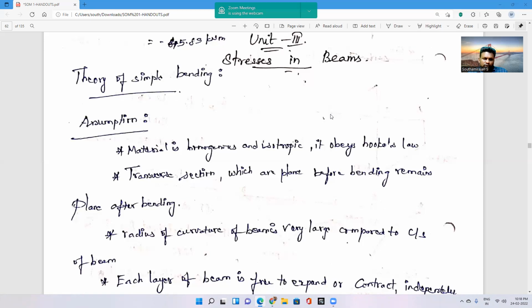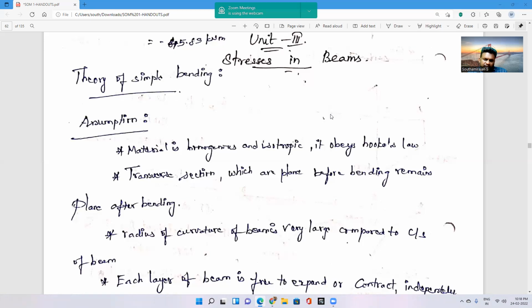The next assumption is that transverse sections which are plane before bending remain plane after bending. As per the theory, if you apply the load, the member will tend to show a triangular variation, and after removing the load, the member will return to its original position, and the bending will be uniform in nature before and after applying the load. Next, the radius of curvature is very large compared to the cross section of the beam.